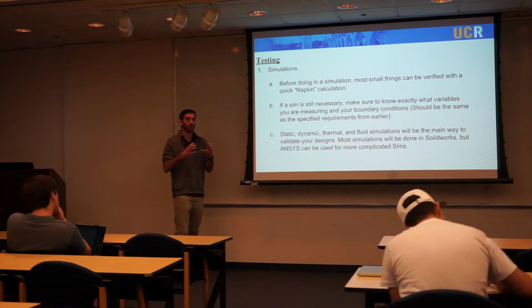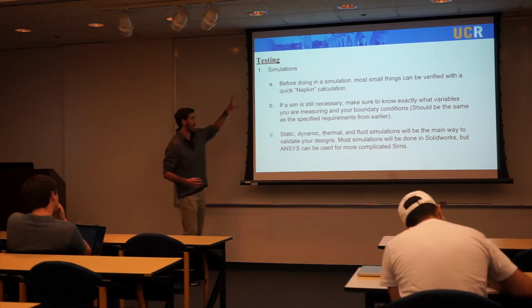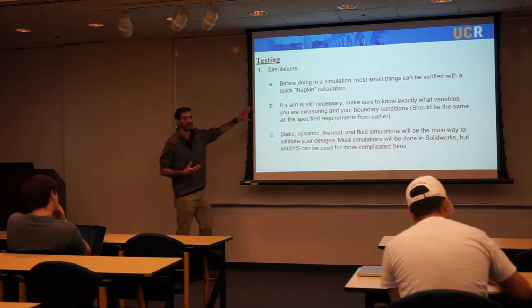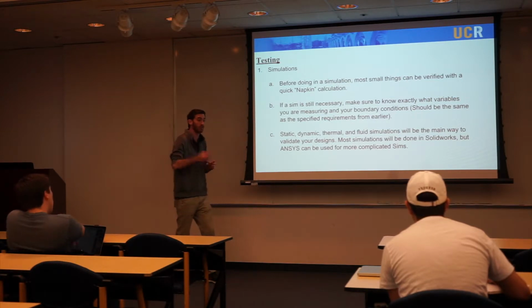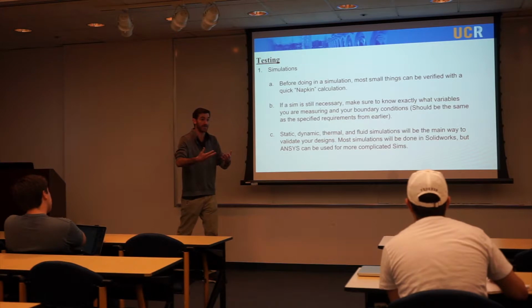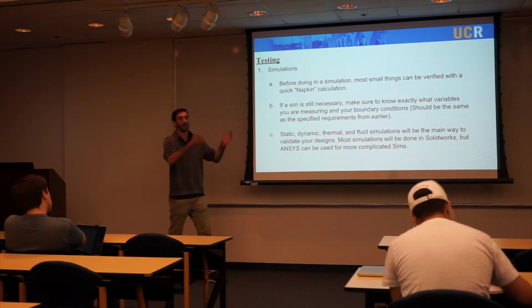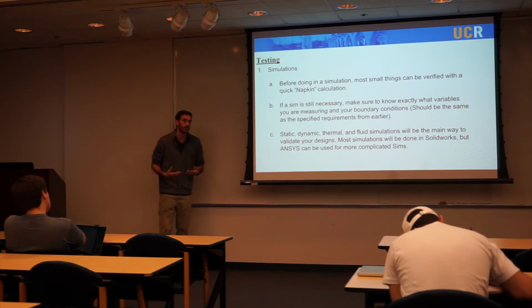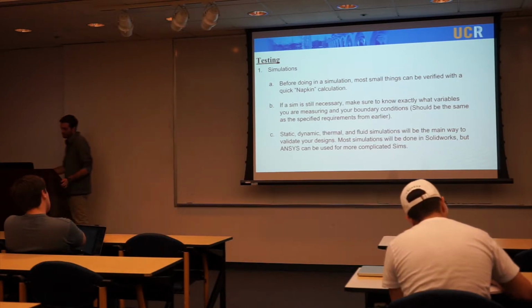All those requirements that you made in the beginning are now going to play a huge part in validating whether you've designed your part correctly. And a lot of people get lost figuring out these boundary conditions and having to go back to specifying the requirements, learning something as they're specifying those requirements, redesigning their part, and then coming back to this. So do it in the beginning. It'll save you a lot of time and it'll save you a lot of headache.